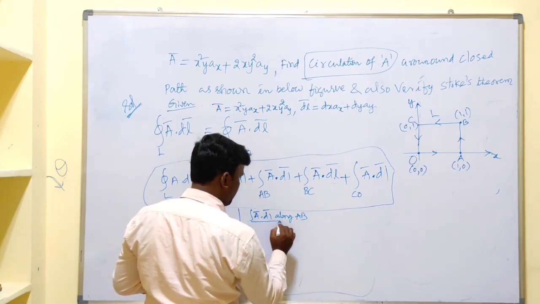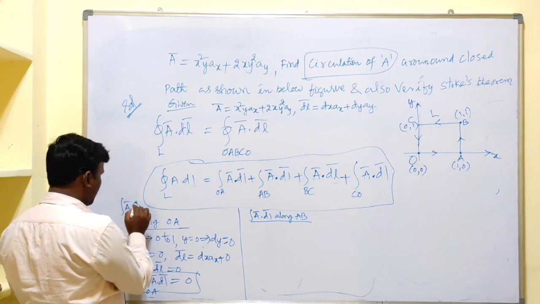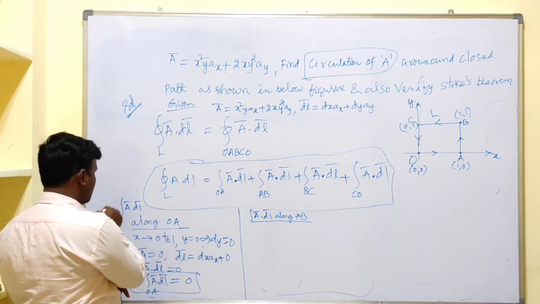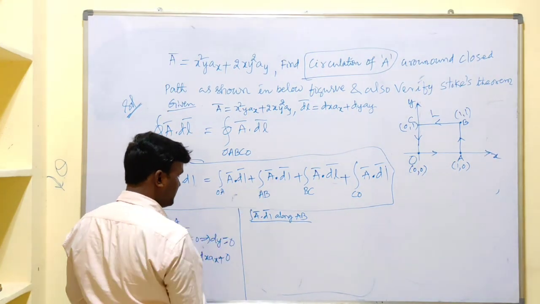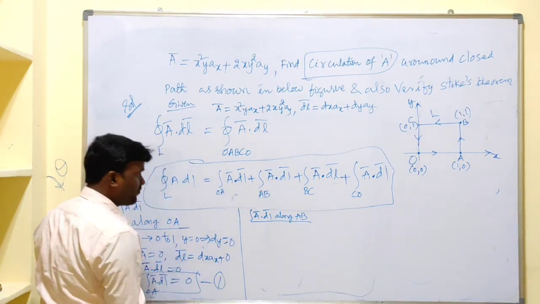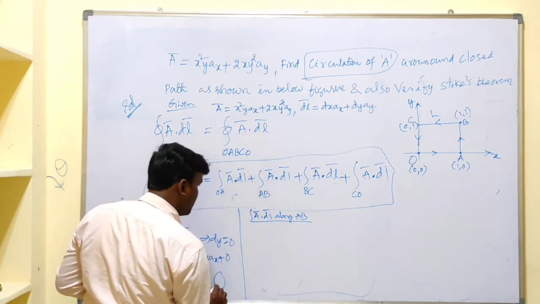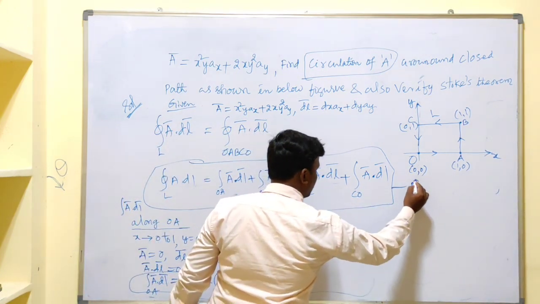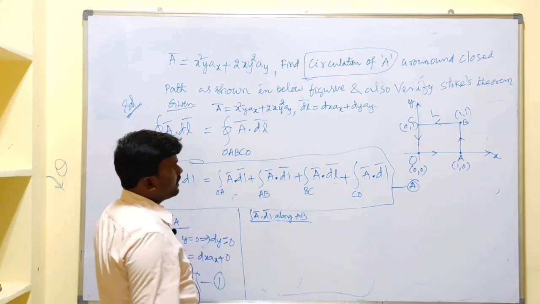This is the first part; take this as equation 1. Second part: along AB.